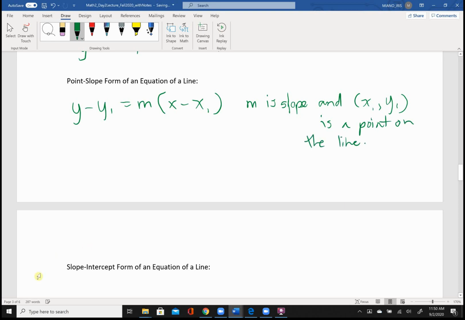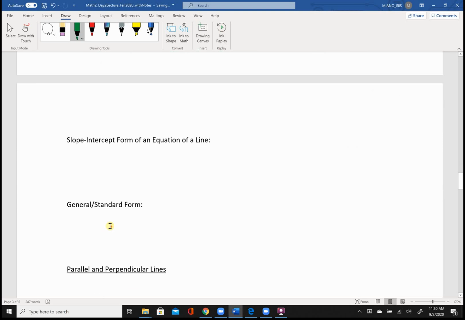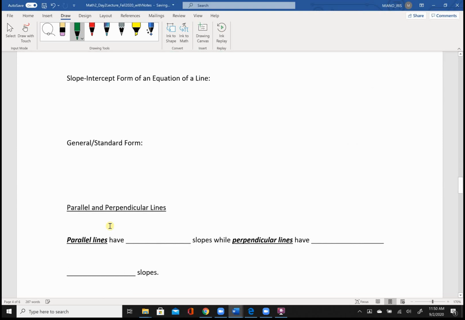Cool. Furthermore, slope-intercept form of an equation of a line, we have y equals mx plus b. Super familiar, I'm sure, to all of you.